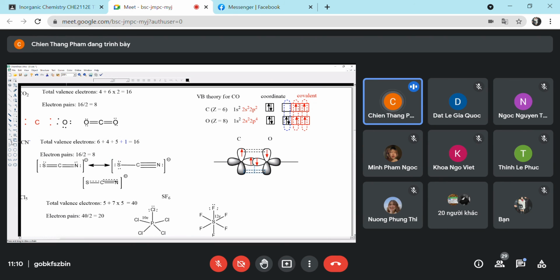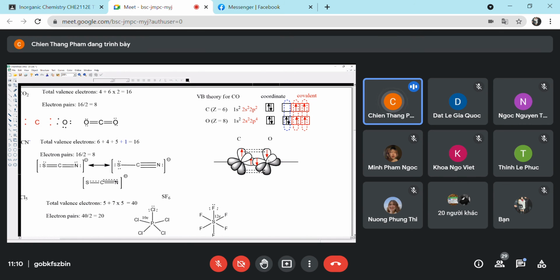And now we consider the remaining p electrons. You should draw like this, or maybe reduce the size a little bit for you to understand. And another one also from oxygen.